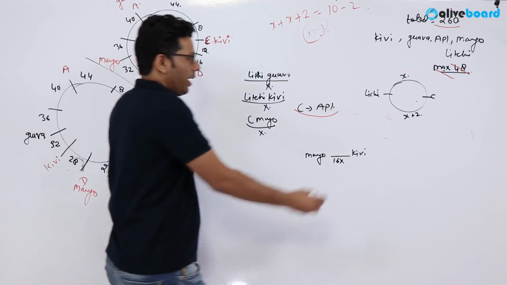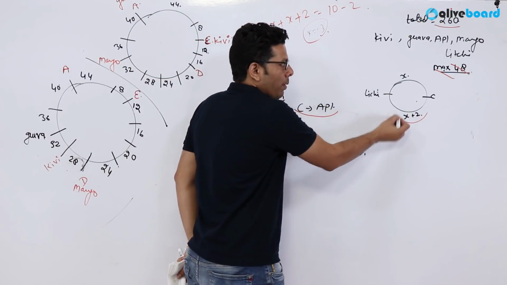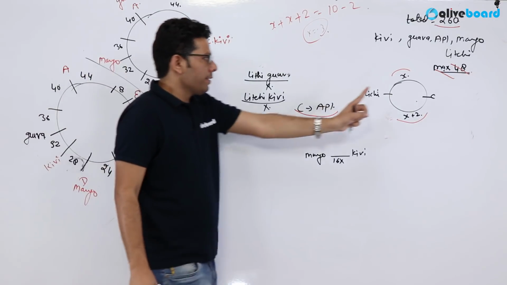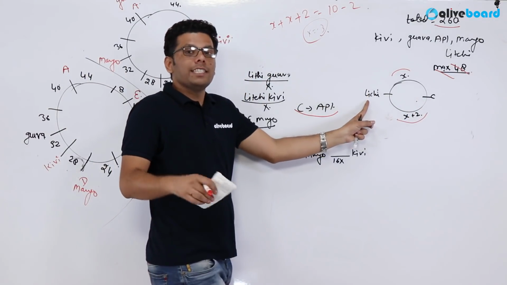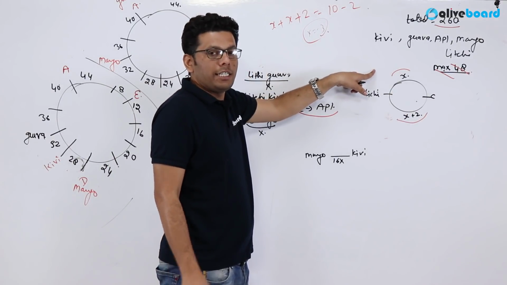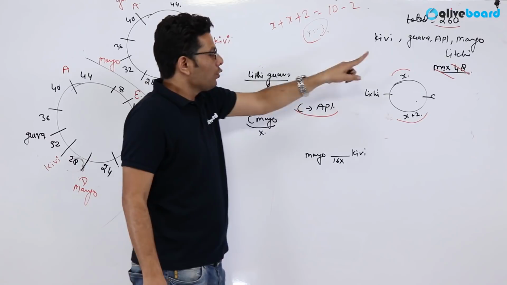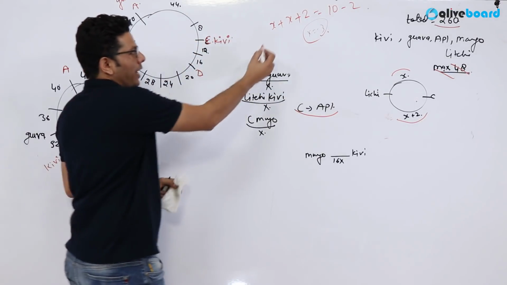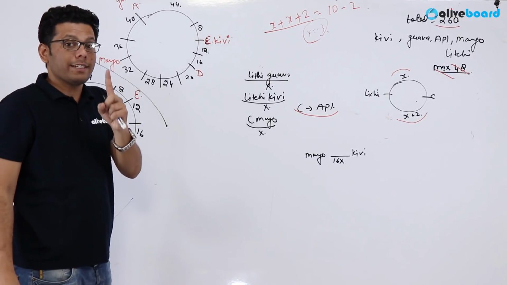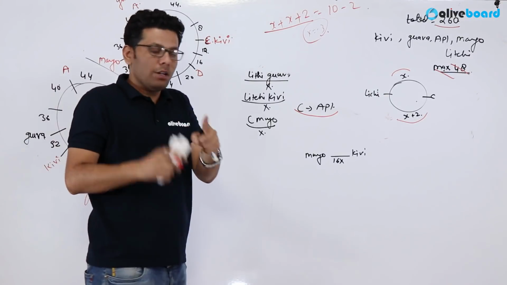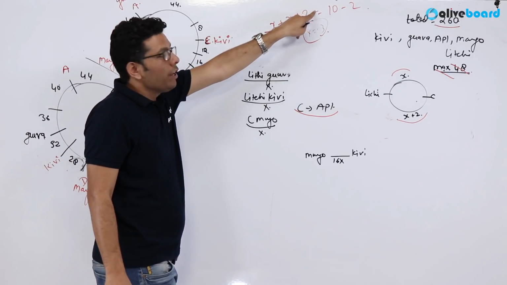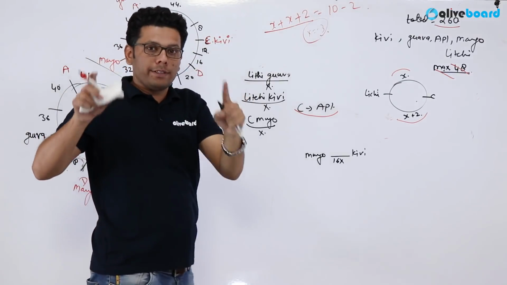See, x plus 2 plus x: the number of persons between C and lychee is 2 more than the number of persons between C and lychee taken from the opposite side. So it clearly says that when you do the sum, x plus 2 plus x, it should equal the total number of persons.